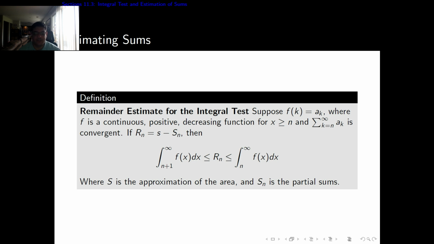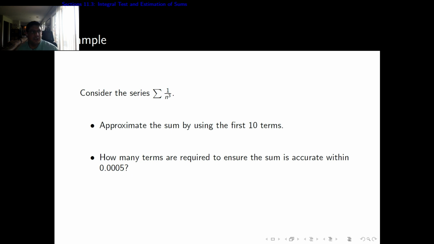So the theorem here is, if you have a function f that is continuous, positive, and decreasing, and the series is convergent, where R_n is just the difference between the limit where it converges and the nth partial sum, then that remainder is going to be bounded by the integral from n plus 1 to infinity of f and the integral from n to infinity of f. So that might look a little bit confusing.